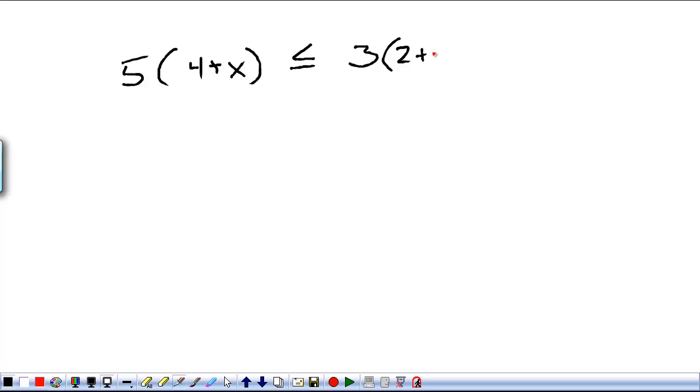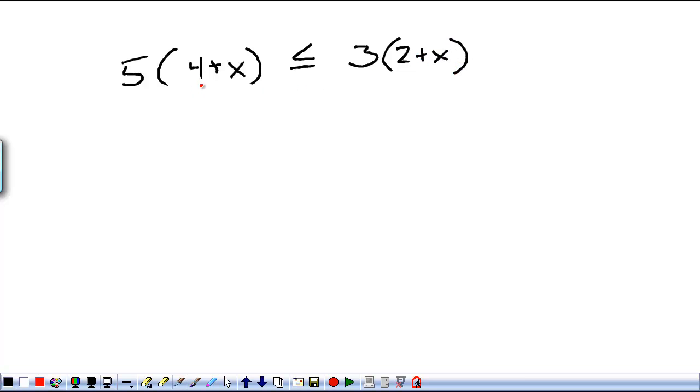Let's look at solving one with some parentheses in it. If we have 5 times the quantity 4 plus x is less than or equal to 3 times the quantity 2 plus x, we can go through and solve this.